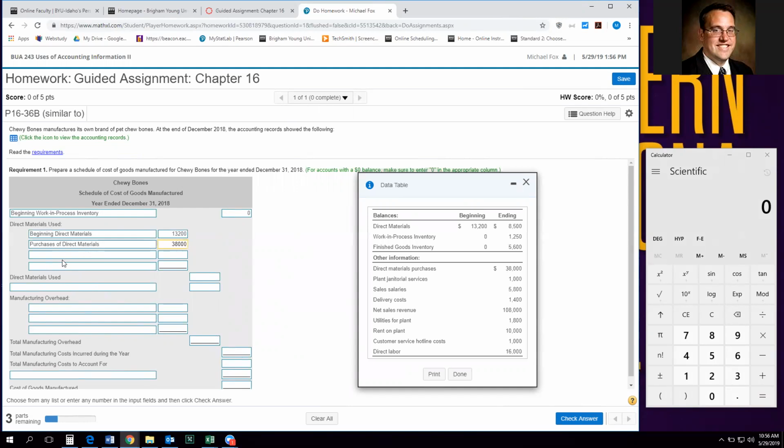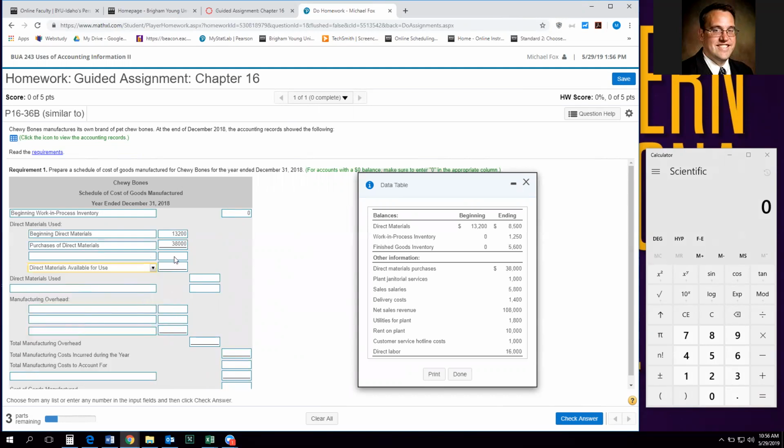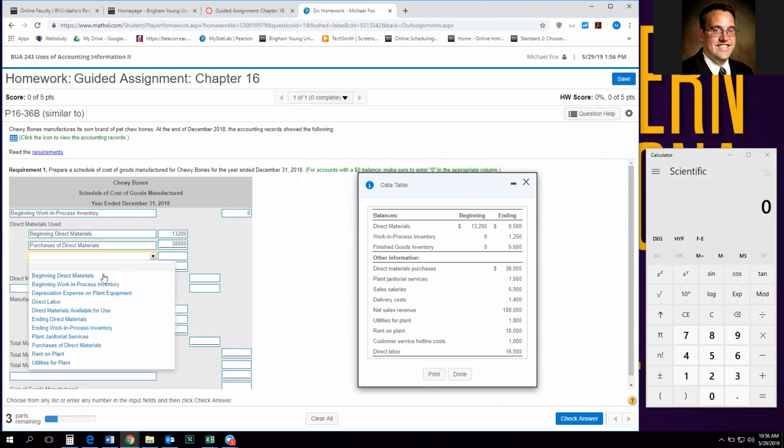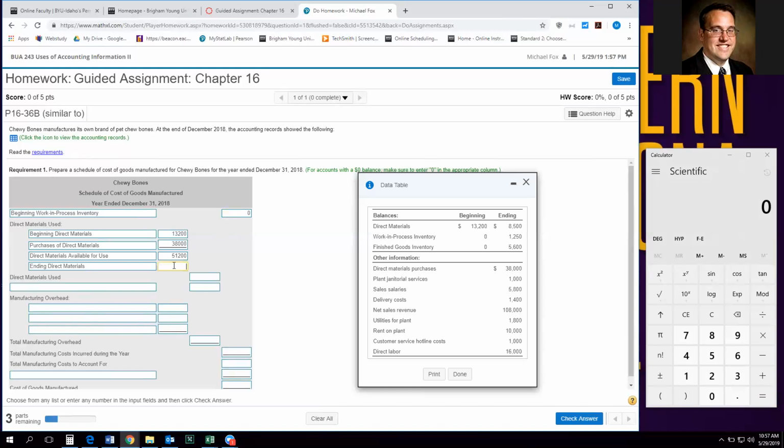Which will give us our direct materials available for use. Sorry, did that on the wrong line. That comes out to 51,200. And then we'll subtract our ending direct materials of 8,500. And that will give us our direct materials used.